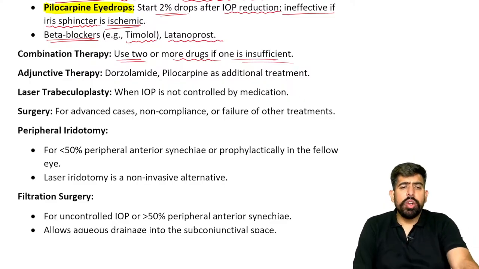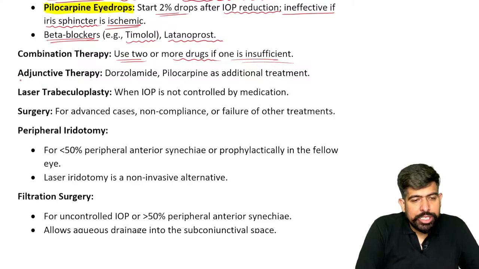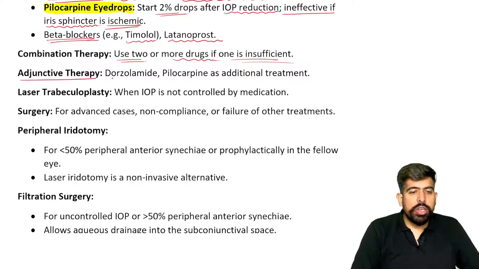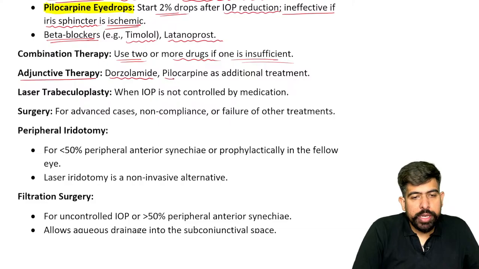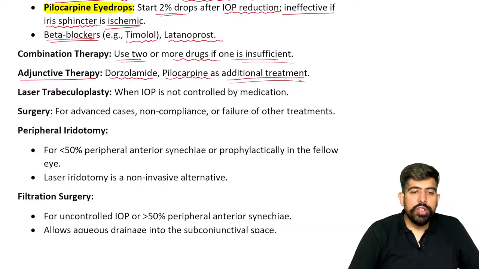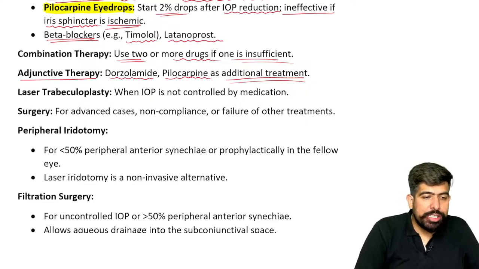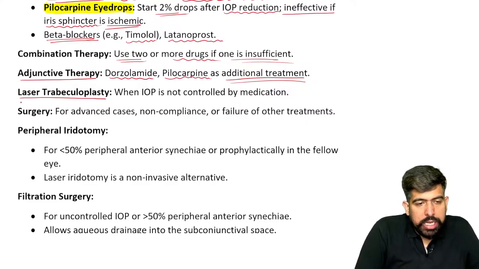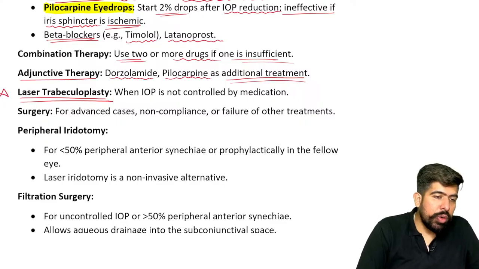Now, not only this, if I'm talking about adjunctive therapy, this is dorzolamide and pilocarpine as additional treatment. If you are using dorzolamide and pilocarpine, that will be known as adjunctive. And the next, laser trabeculoplasty, right?